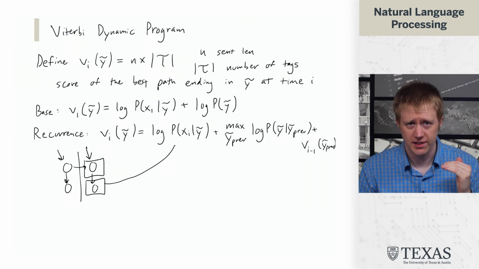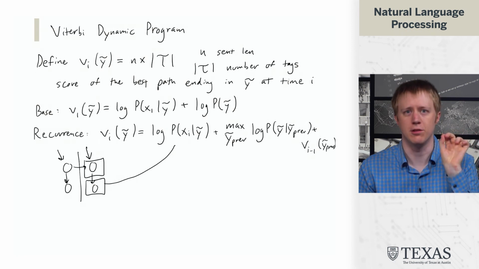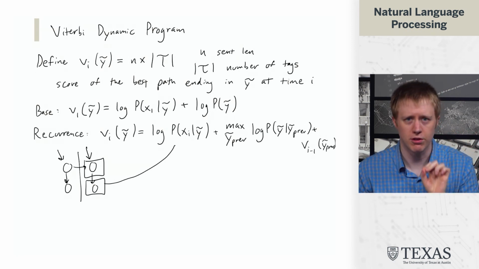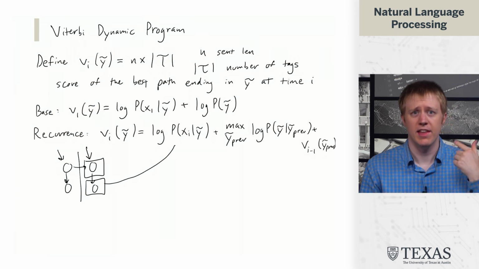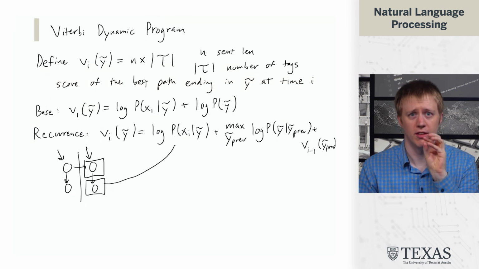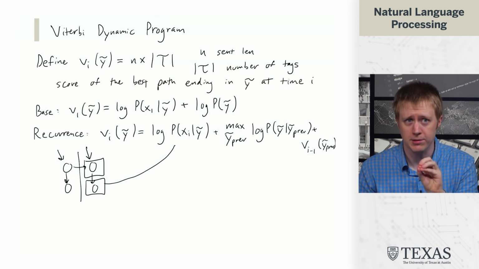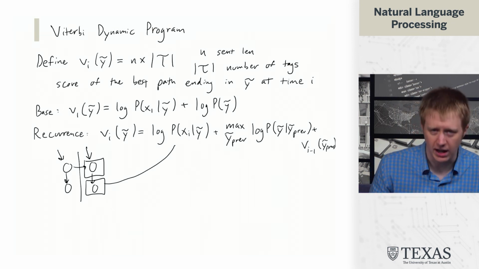We are considering all of these different possibilities and saying, okay, for each one, we already know the best path that gets you there, and then we can compute the transition probability and then add the new emission. And then that's going to give you the score of y twiddle for the best path getting you there at this time step, and you can proceed from there.